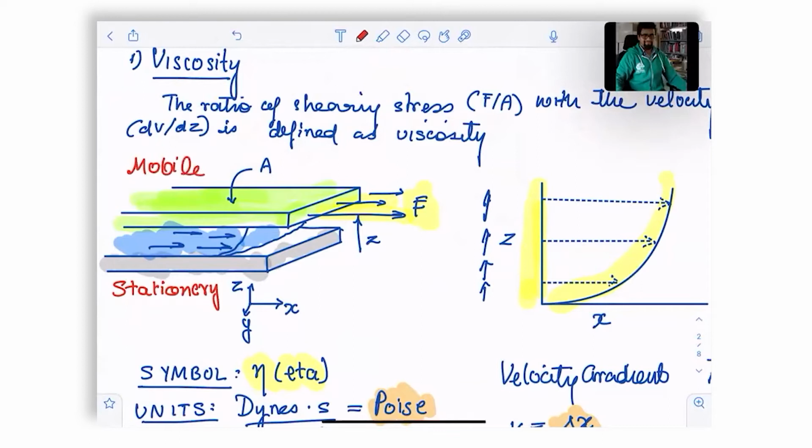And the mobility is what creates the shear. It's like when you slide two plates one past the other, you create a friction, and if the fluid is in between those two plates, then you create this kind of deformation.